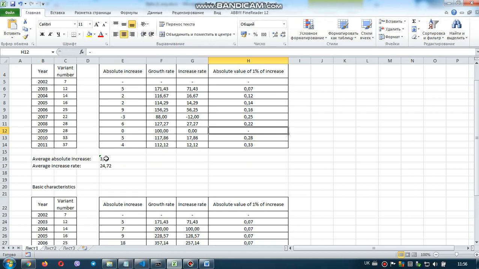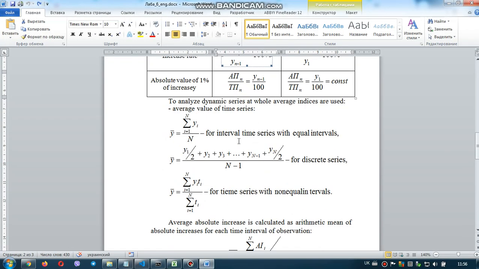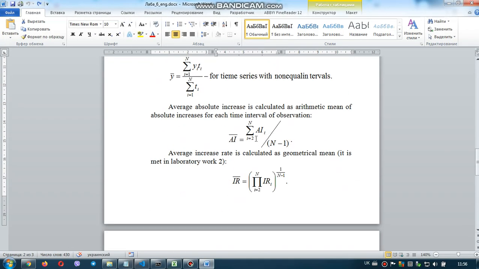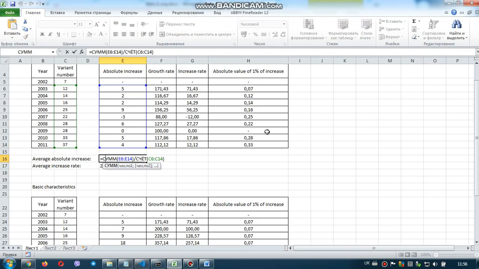So then you calculate the average absolute increase. Average absolute increase according to this formula, the summary value of absolute increase divided by n minus 1.